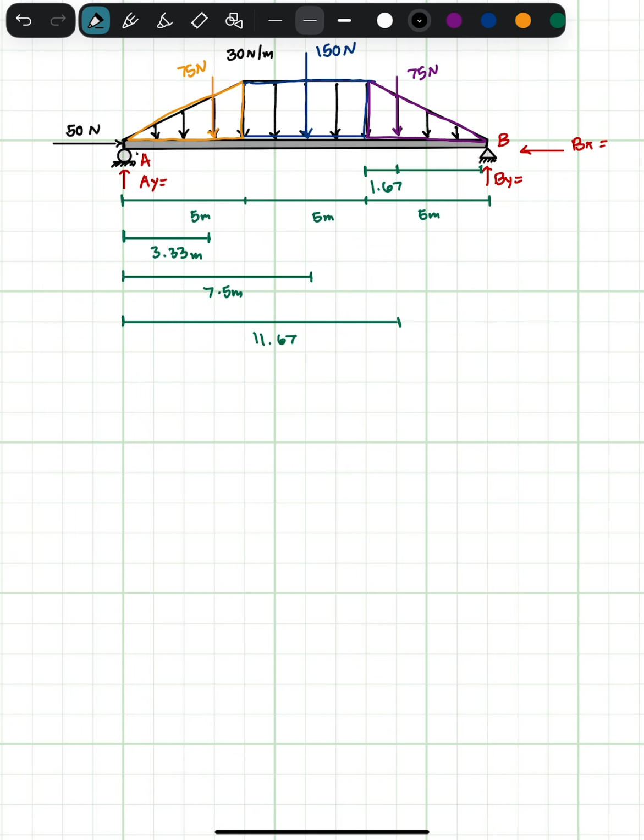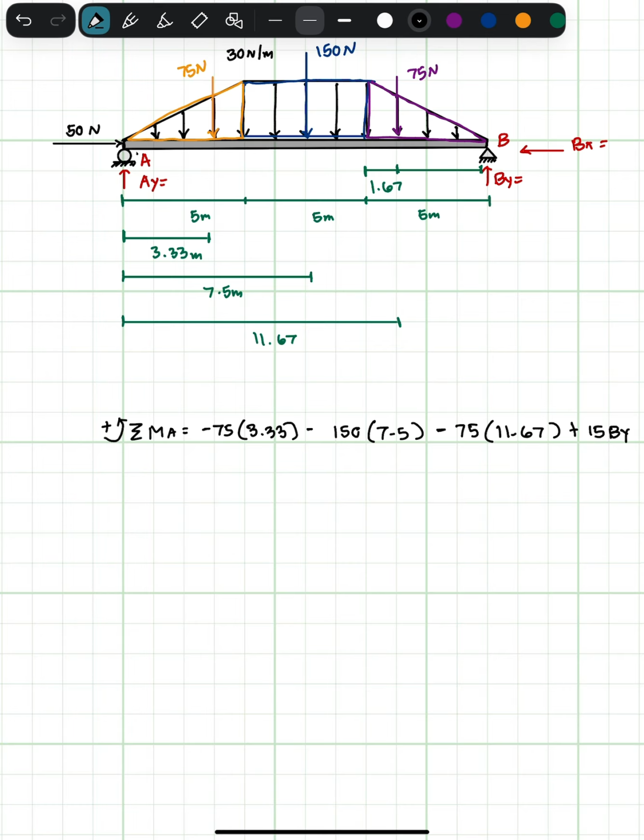So now that we have all the distances and the force magnitudes, let's find our vertical reaction. So I'm going to take the moment about A, counterclockwise positive. I'm going to do -75 times 3.33 minus 150 times 7.5 minus 75 times 11.67 plus our BY times, what is this, 5, 10, 15 away.